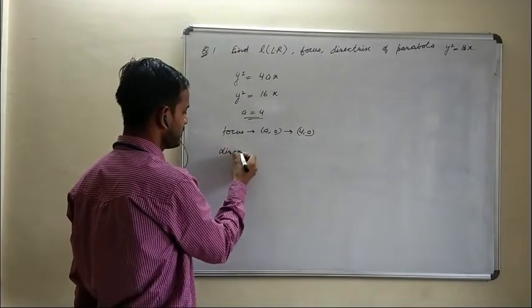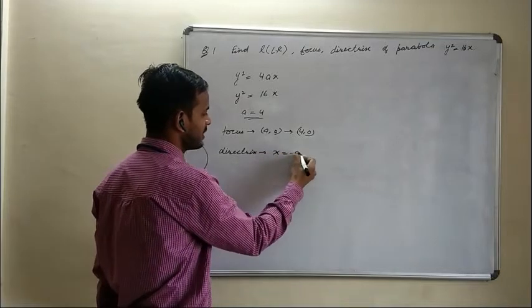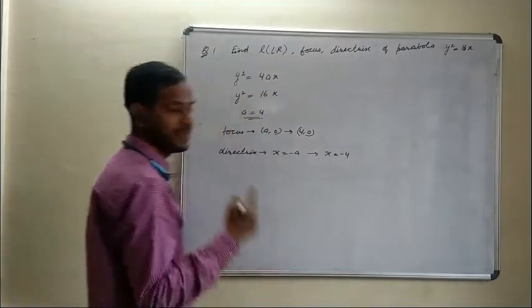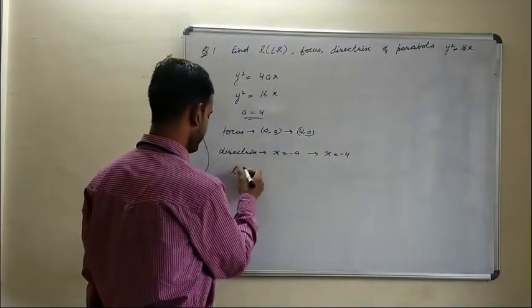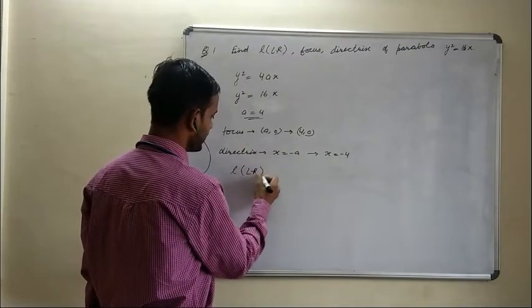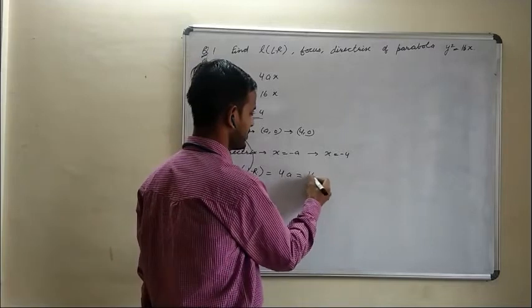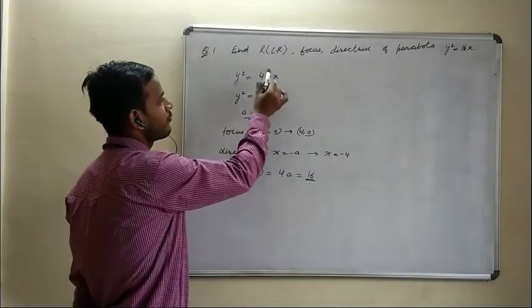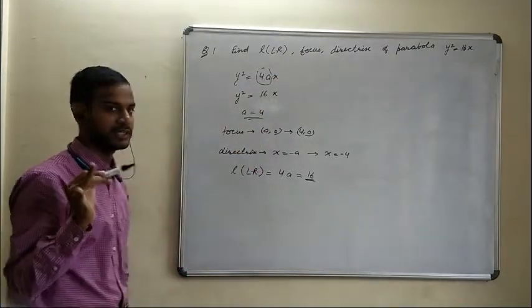Directrix is x is equal to minus a, which is x is equal to minus 4 in this particular question. Length of latus rectum is 4a, which is 16. So please note that the coefficient of x over here is the length of latus rectum.